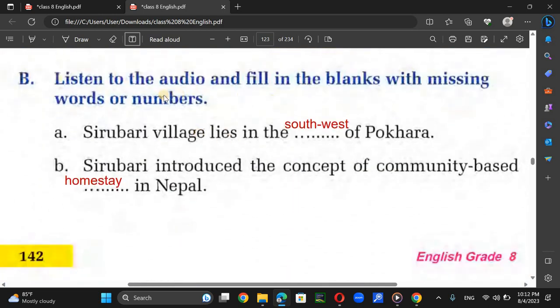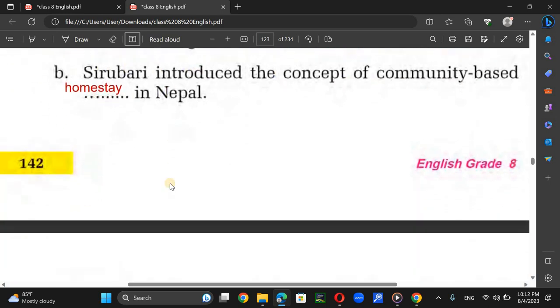So dear students, you have already listened to the audio. Now you can find the correct answer. Sirubari village lies in the southwest of Pokhara. I hope you just heard it. Next, B: Sirubari introduced the concept of community-based homestay in Nepal. Homestay.